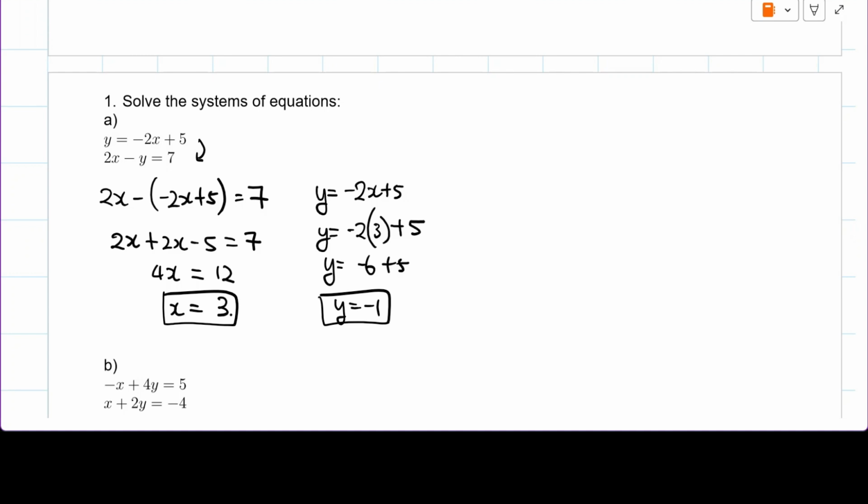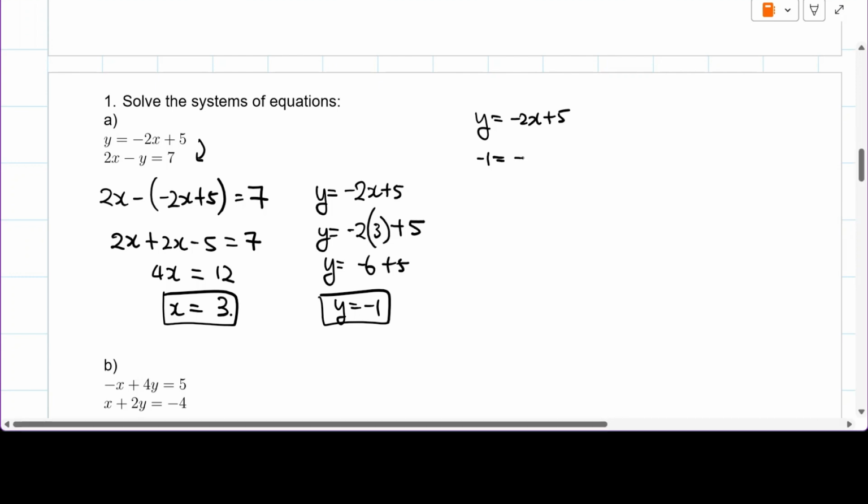We can also check our answers. For the first equation, y equals negative 2x plus 5, y is negative 1 and x is 3. So negative 1 equals negative 6 plus 5. Negative 1 equals negative 1, so that's a check. The second equation, 2x minus y equals 7. x was 3 and y is negative 1.